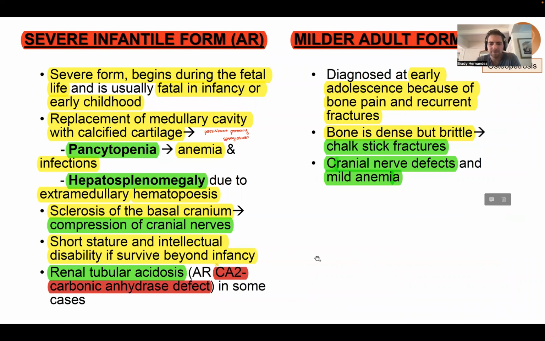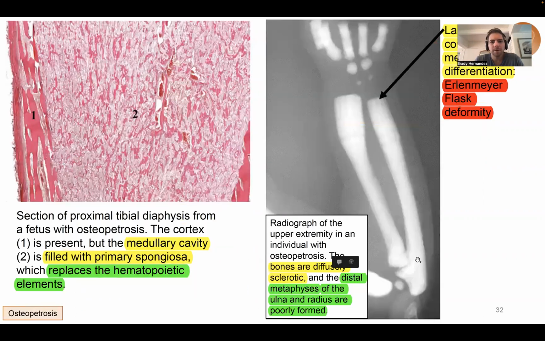Erlenmeyer flask, you know what an Erlenmeyer flask is from chemistry, right? It kind of goes to a point. It means that some of the bone has been kind of chewed away, so it comes to more of a point instead of being more linear. All right, and you can see that here, these brittle bones. So the problem with these osteoclasts, and so you get abnormal deposition.